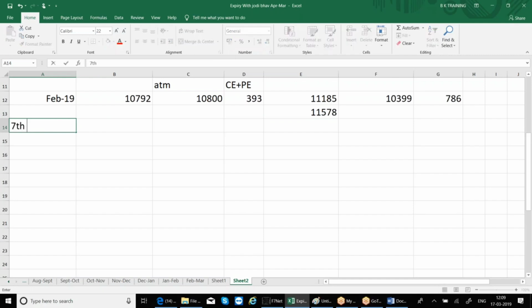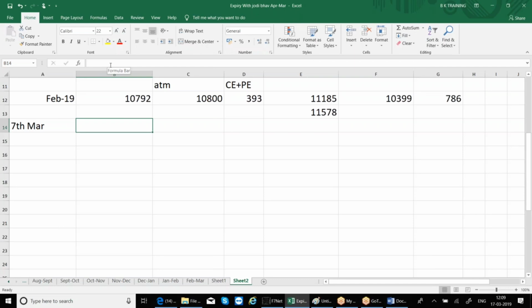7th of Feb. What was the expiry? Sorry. मैं अभी भी फेब में हूँ, कभी फेब कभी मार्च. ये खाली गड़बड़ हो रहा है मेरा. Anyways, आप भाव समझो ना. What was the expiry on 7th of March?